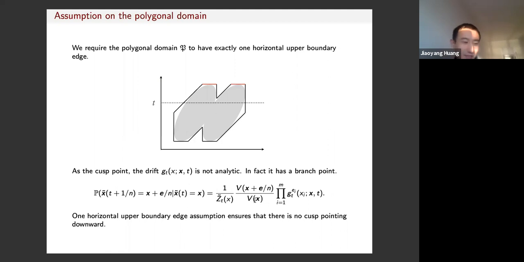So for the loop equation, the analysis somehow heavily depends on analyticity. To analyze something which is not analytic, which has a singularity, is much harder. And the boundary condition I chose, with only one upper boundary edge, is just to make sure all the cusps are like this, facing upwards. There's no cusp facing downward. So that's the real condition.